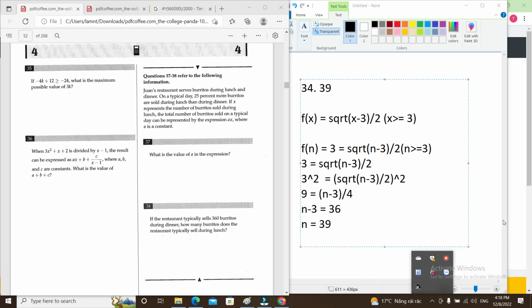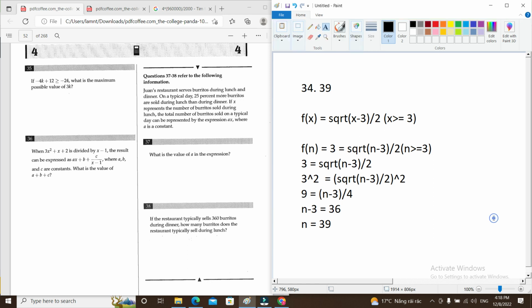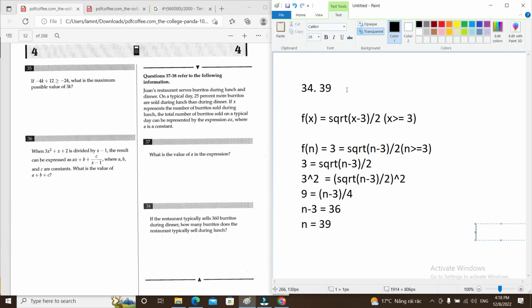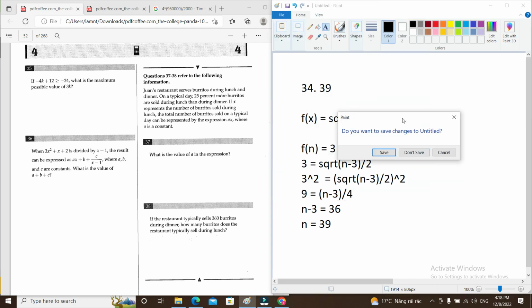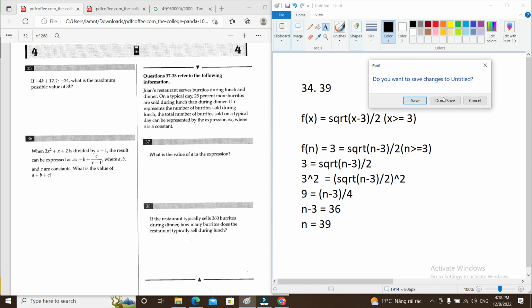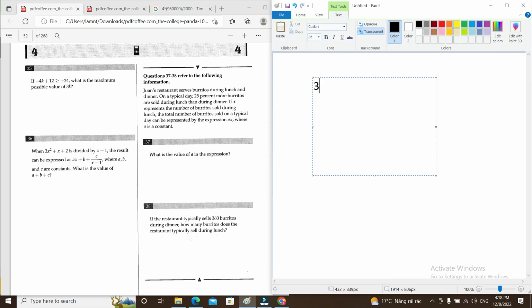So let's do that. So 35. We had that minus 4k plus 12 is greater than or equal to minus 24.